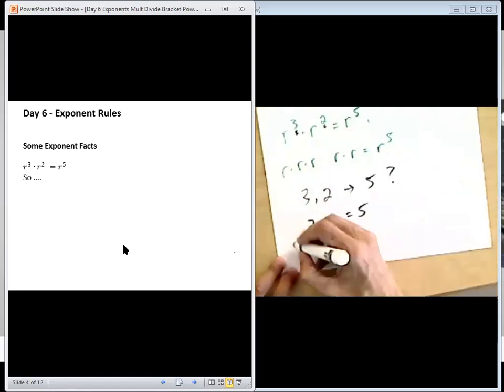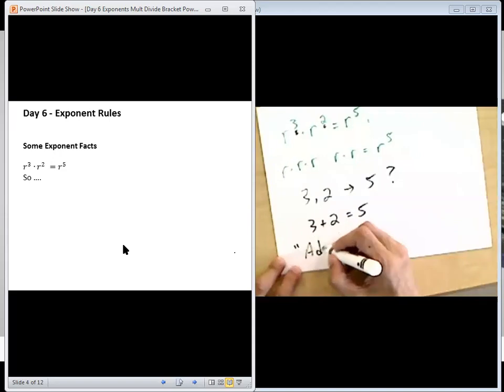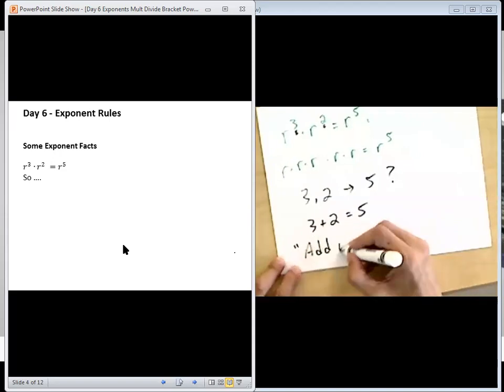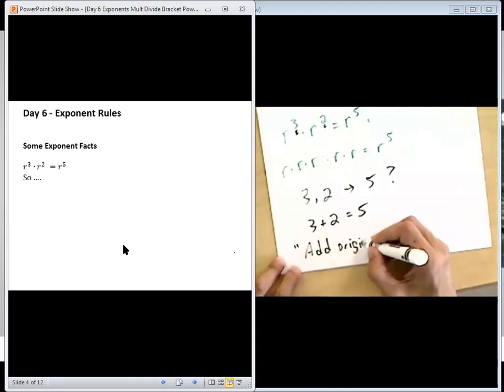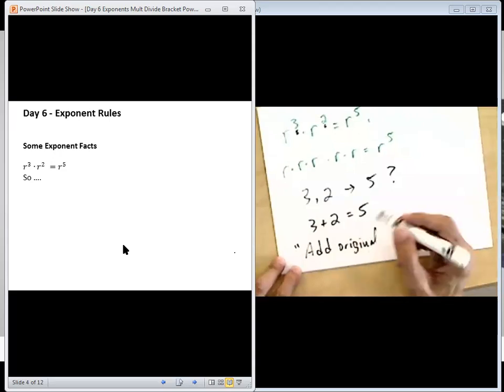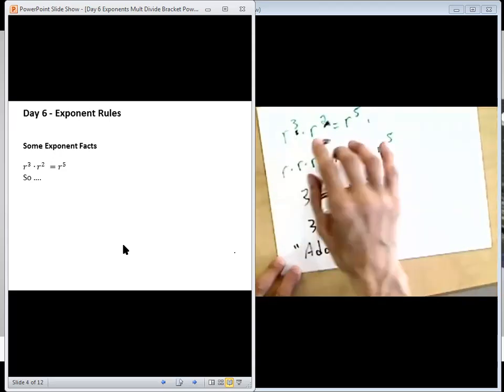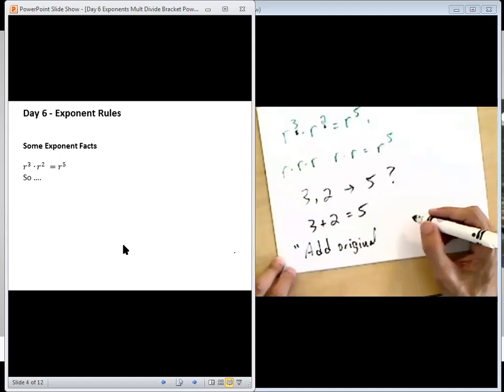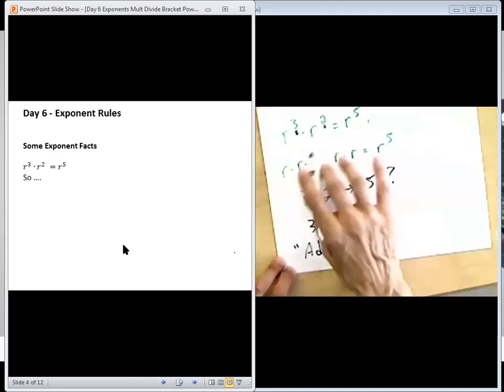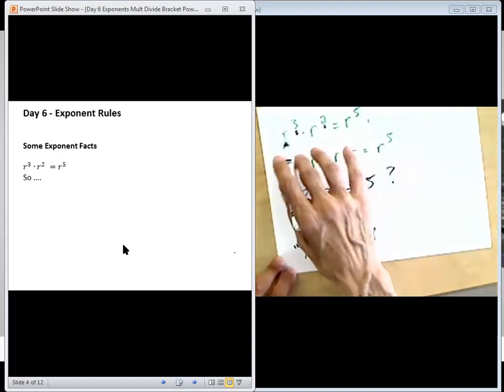We're going to do some adding. Add the original. What are these things called? The 3 and the 2. What part of the expression is it?